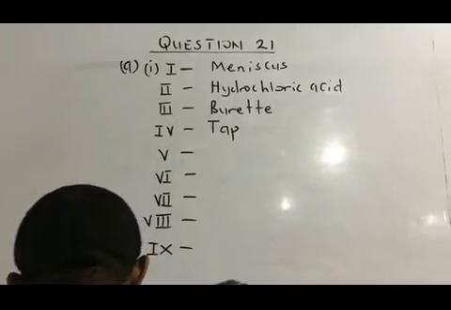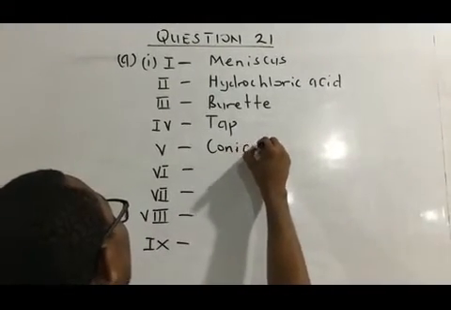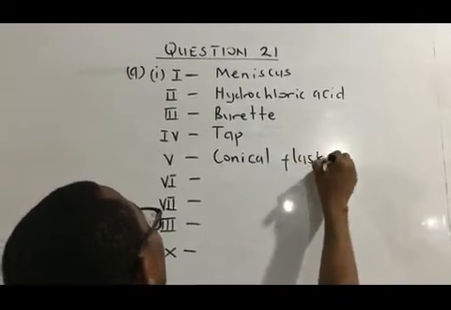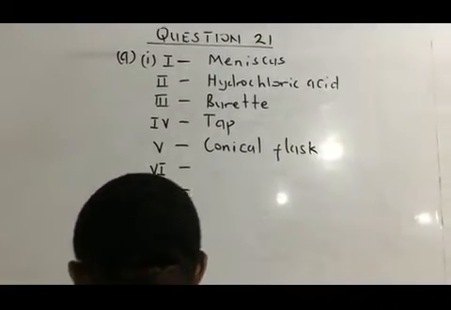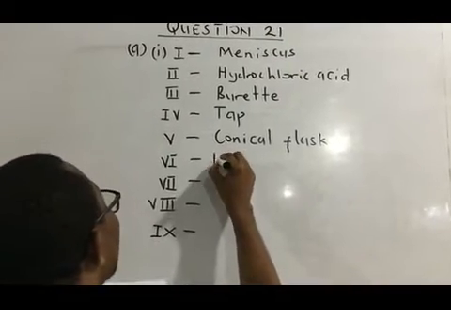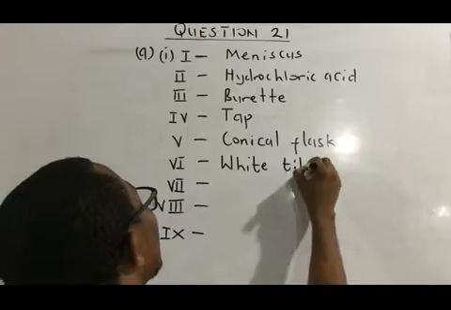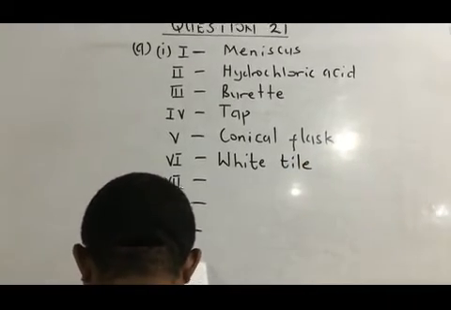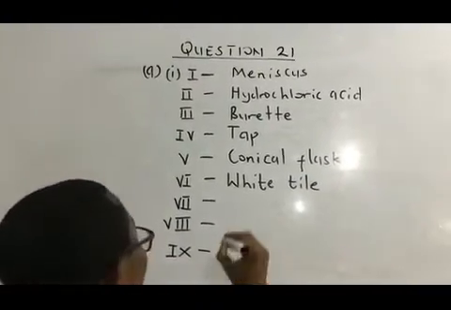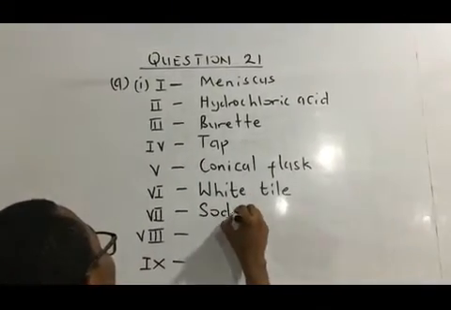The V is the conical flask. The VI is the white tile. The VII is the solution in the conical flask. So that's the base, and the base here is sodium hydroxide.